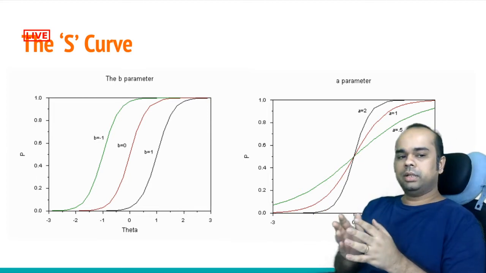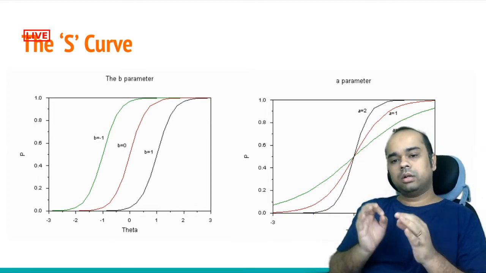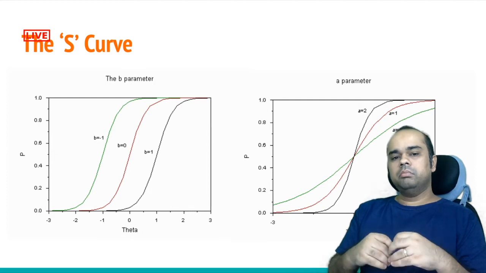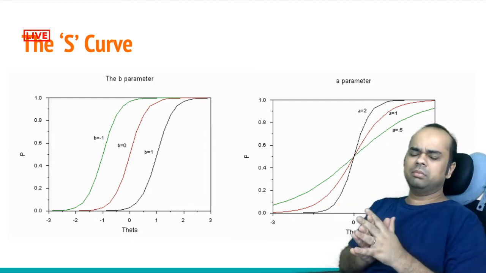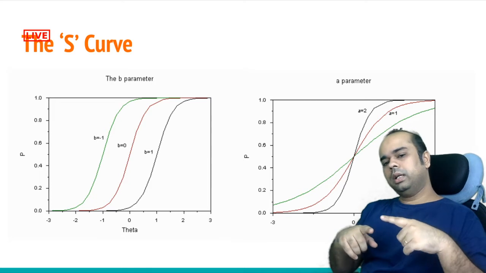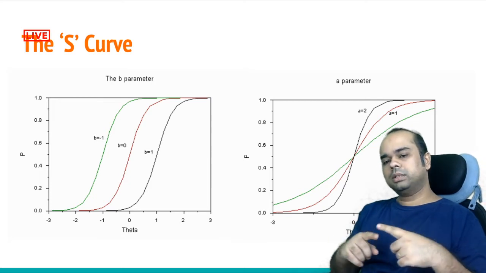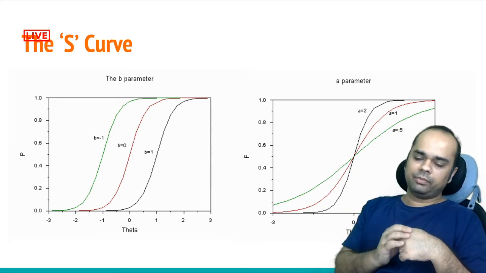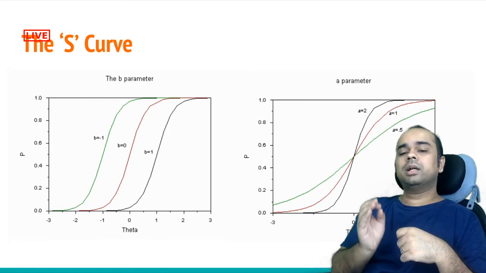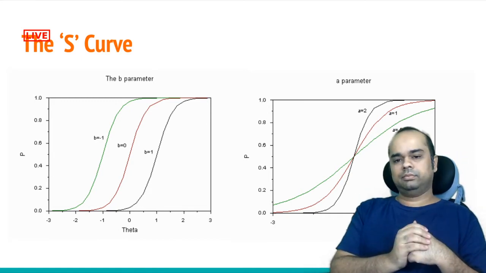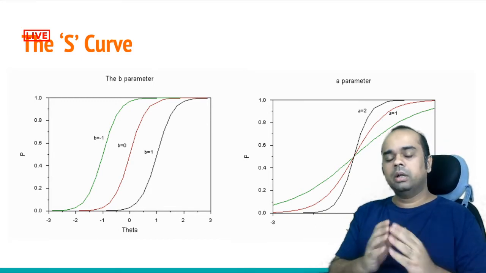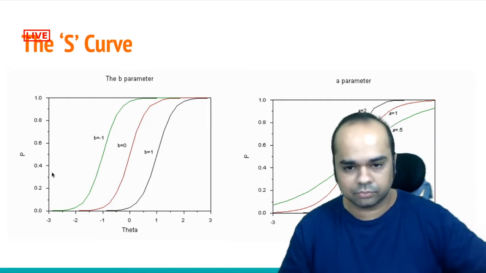Whereas on the right-hand side, you can see three curves where the median, let's just call it the median, they all intersect and pass through a single point, but their slopes are different.